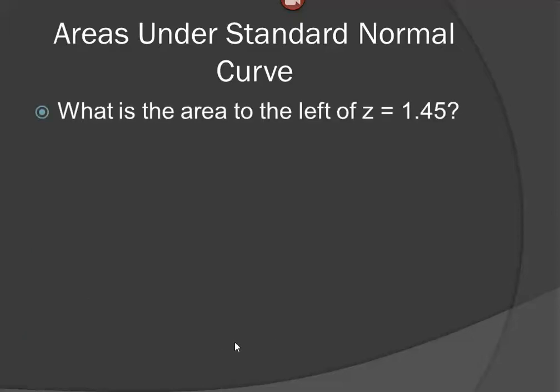So, say for example, we're after the area to the left of 1.45, and again, we're on the standard normal curve for our first illustrations. On the standard normal curve, 1.45 is going to be a little bit less than halfway between 1 and 2. Now you'll notice that we're going to the left of 1.45.